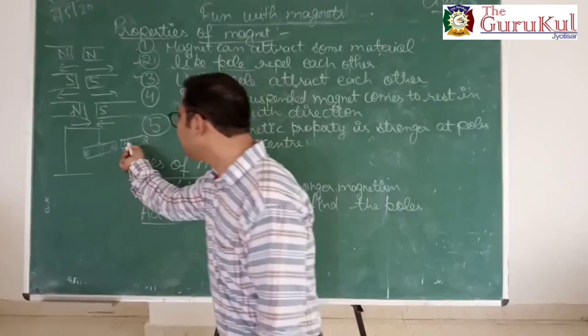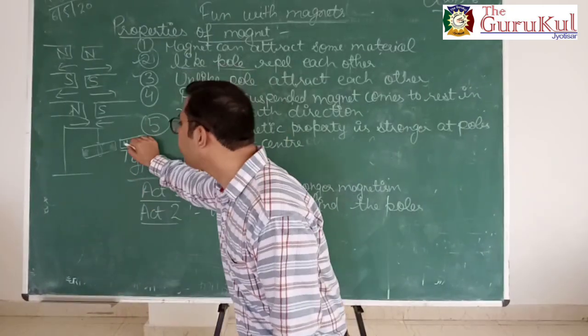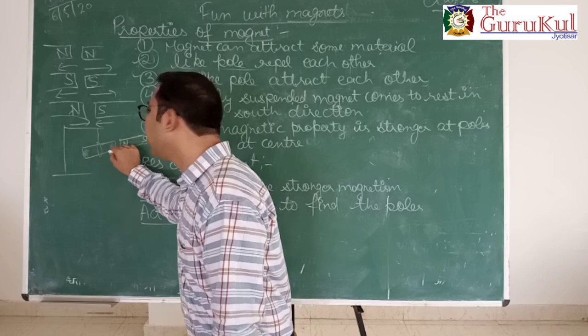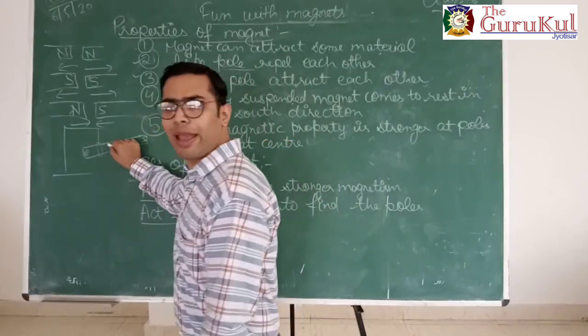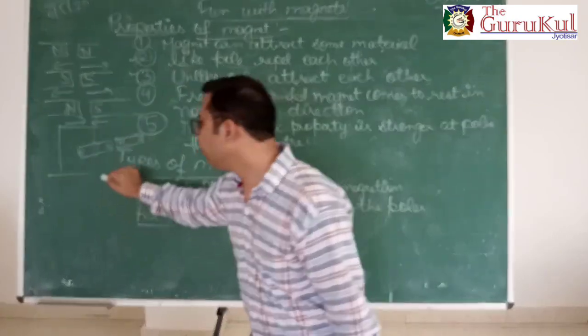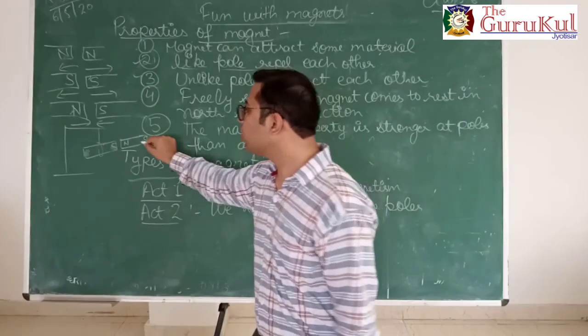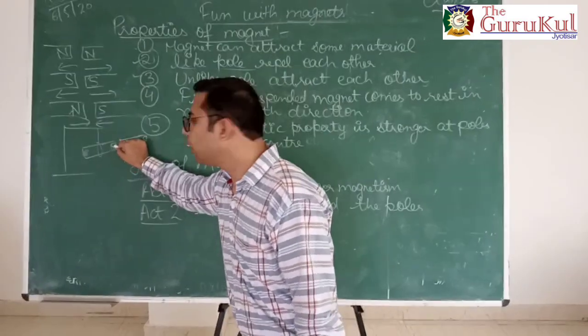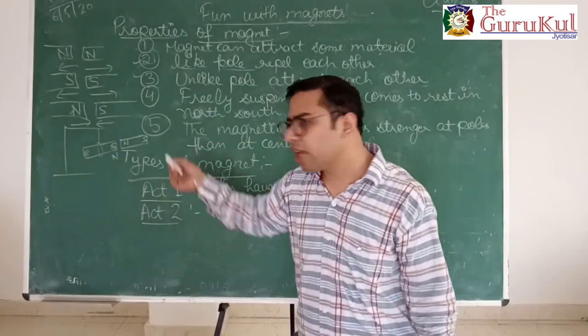When I bring this magnet near it, if I bring the north pole closer, you will notice that this magnet will either repel or attract. If it attracts, this will be the south pole. If it repels, it will be a north pole. So in this way we can find out.